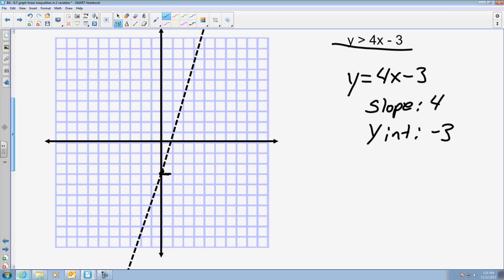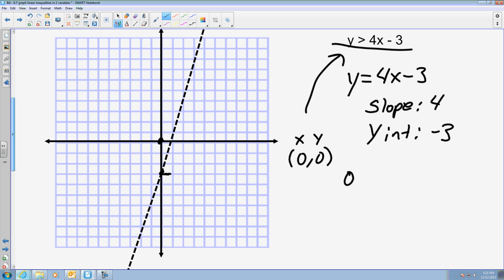The easiest coordinates to try is (0, 0). So I'm going to use (0, 0) as my point, and I'm just going to substitute in these values for x and this value for y into this inequality to see if it holds true or not.